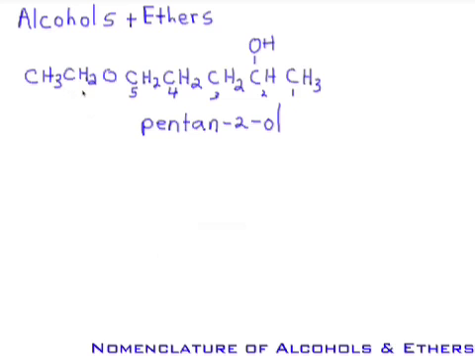And so ethyl becomes ethoxy, and it's off the 5th carbon, so I have 5-ethoxy. All one word. 5-ethoxy pentan-2-ol. So when ethers are on molecules that also have alcohols, they are named as substituents. Give you another example. What would the substituent name have been if this had 2 methyls off of it?